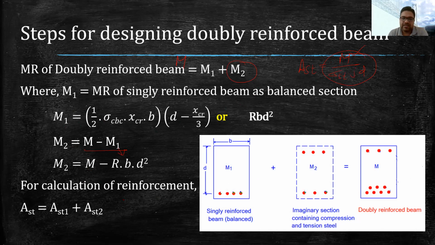Basically, if we talk about the AST, we know that this is AST1, and in the case of the imaginary section, this will be AST2, and this will be ASC.